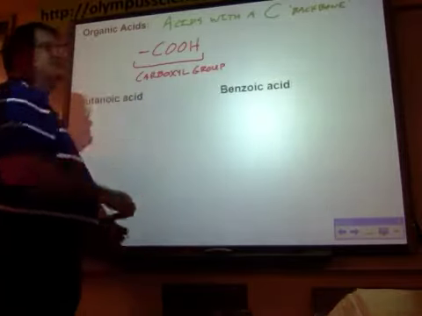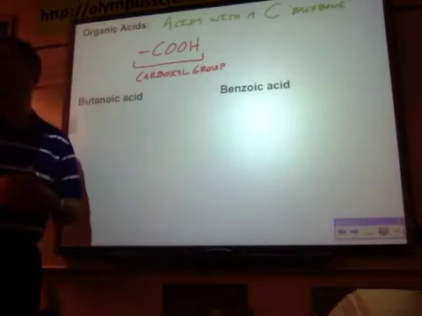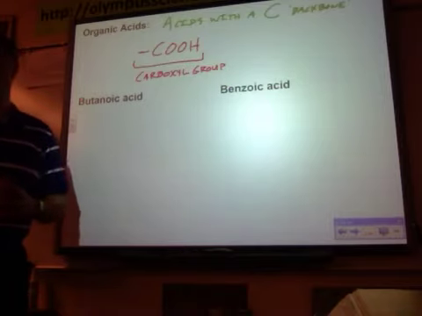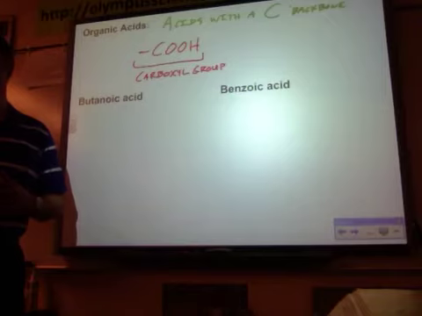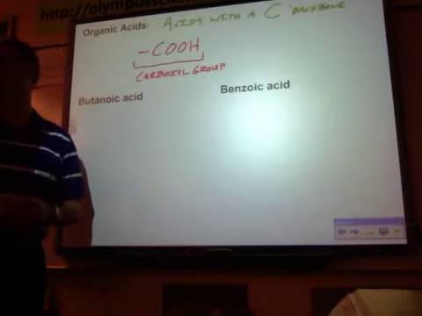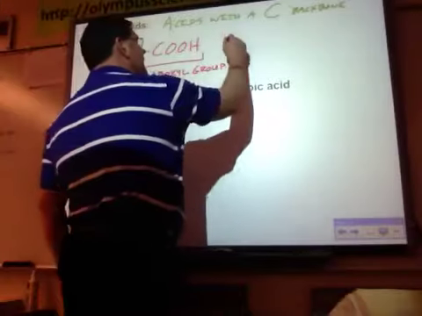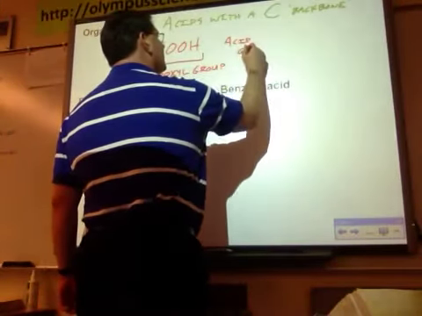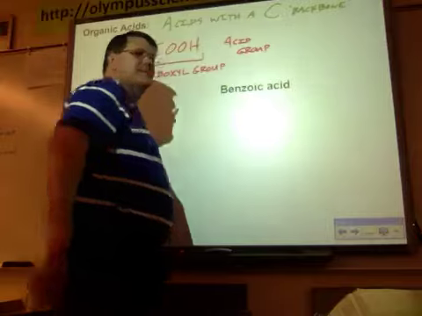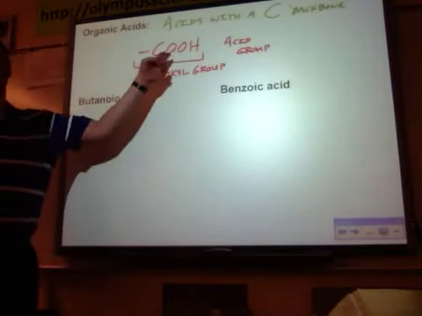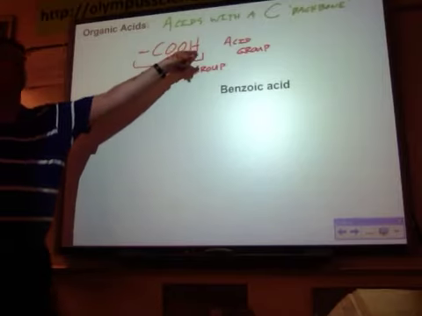Your book refers to this as a carboxyl group. I know. And that's fairly accurate, but it's maybe a little non-specific. My professors always referred to this as just an acid group. So if you see that in an organic compound, in a carbon-based compound, it's an acid, and there's your acidic hydrogen.